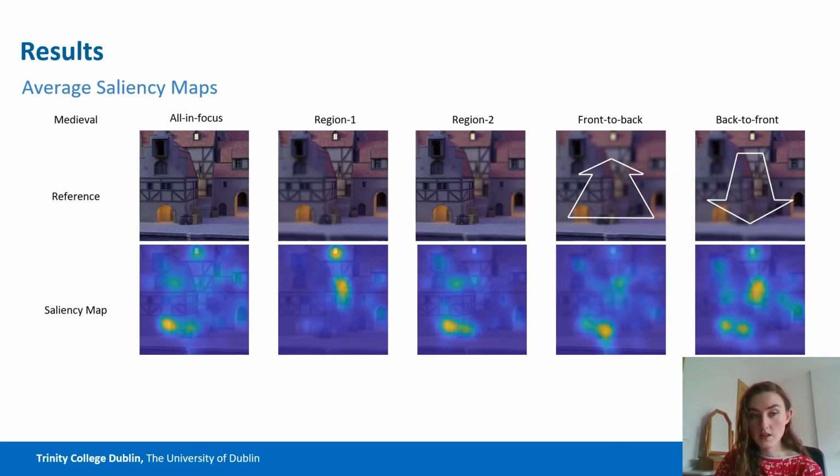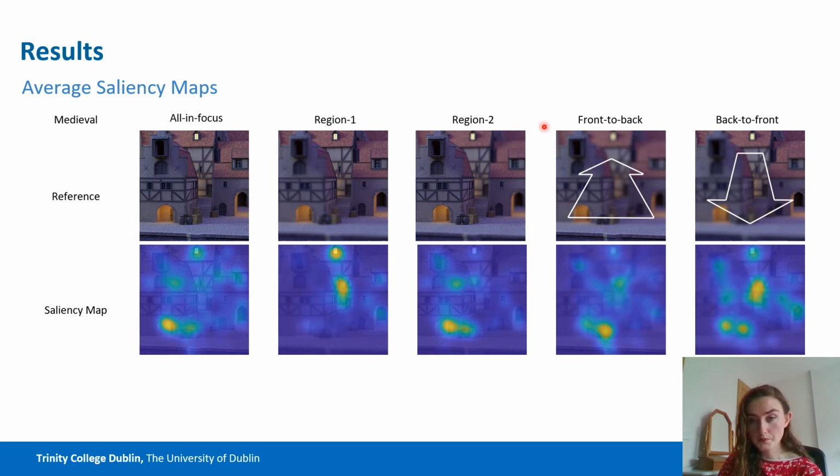So this is another example of a saliency map generated over the entire 10-second video. And here we can see that this building on the left is in the foreground, this building on the right is in the midground, and this building here is in the background.